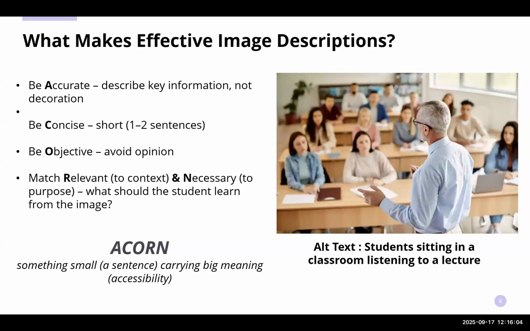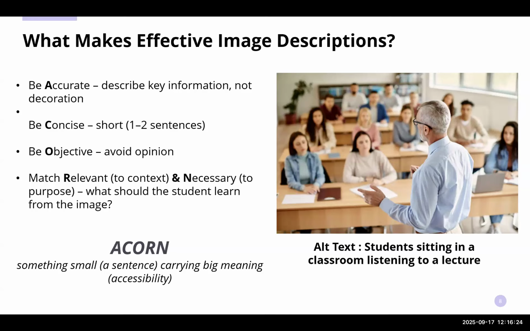O is for objective. That means stick to the facts, and avoid assumptions, opinions, or even emotional language. Just describe what is visible in the image. R is for relevant. Include only the details that matter for the context.